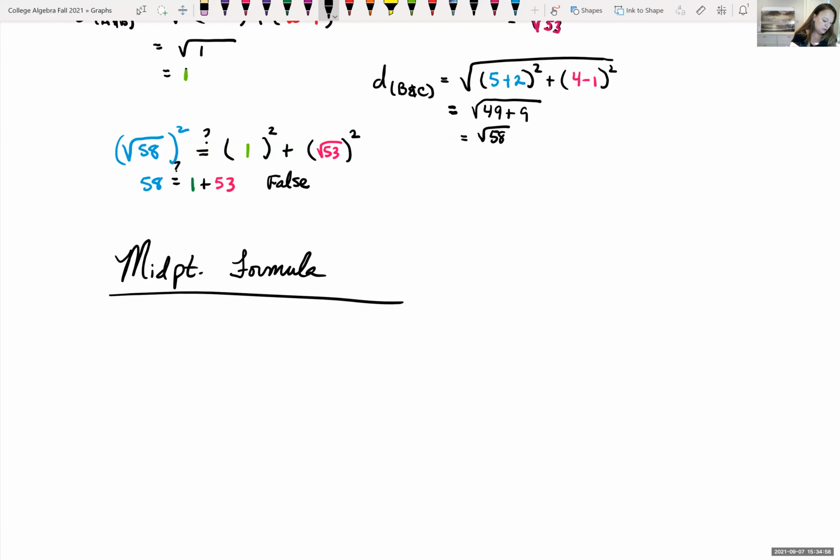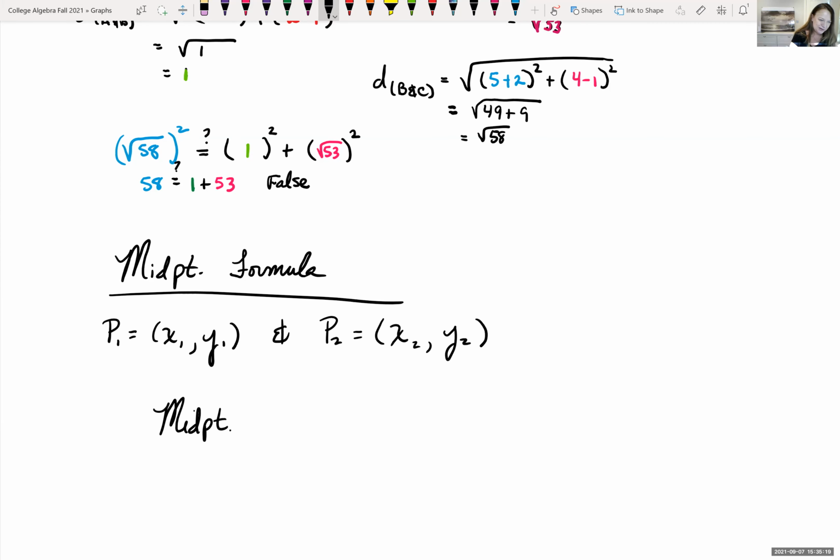So if we have 2 points, let's call it point 1, which is x sub 1, y sub 1, and your point 2, let's call it x sub 2, y sub 2. I don't want to call it m because a lot of times we call m our slope. So the midpoint is equal to.